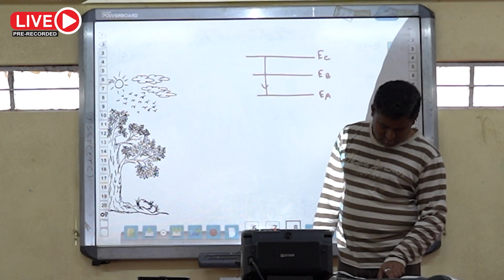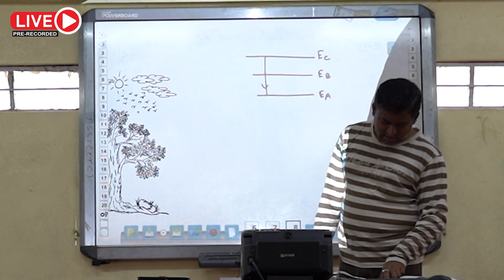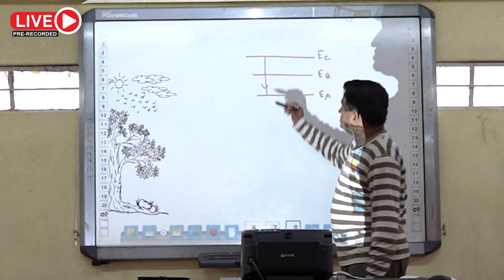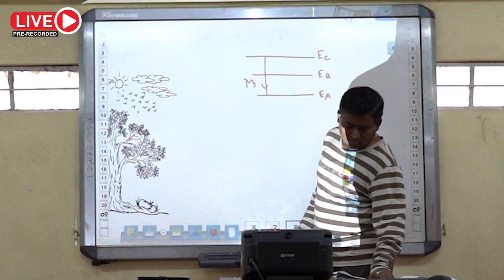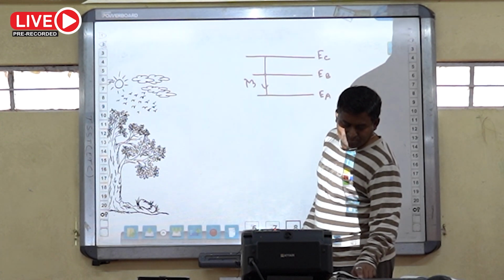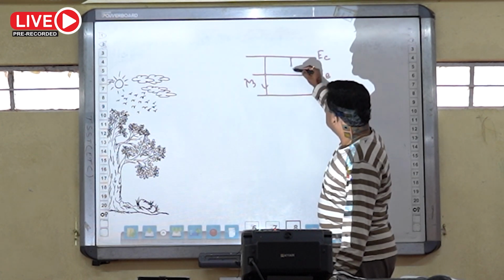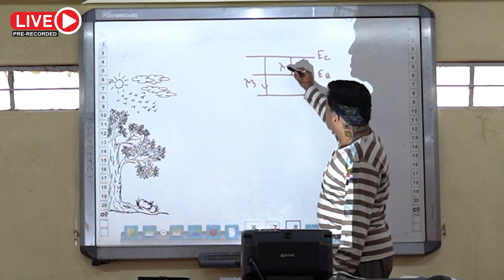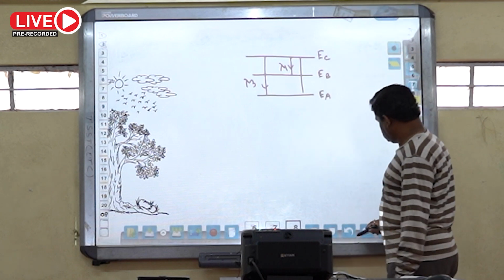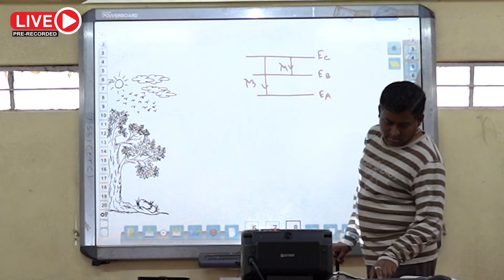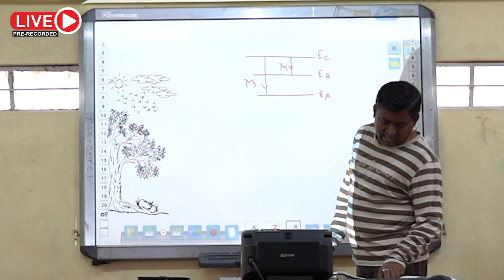C to A is lambda 3, this one is lambda 3, then C to B is lambda 1, and another, B to A, is lambda 2.